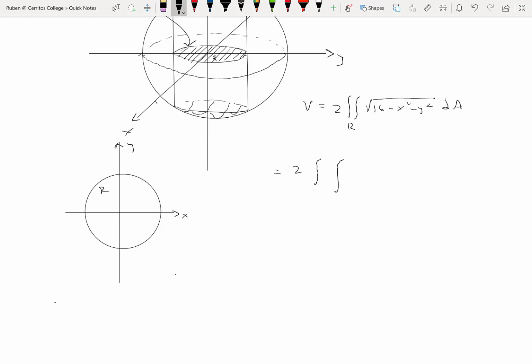r varies between 0 and 1. Little green line. r varies from 0 to 1.